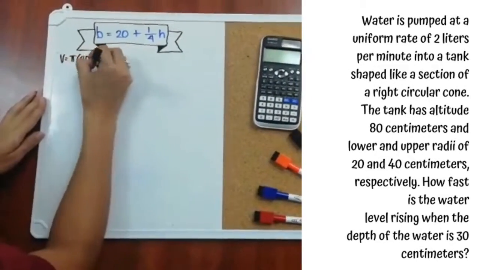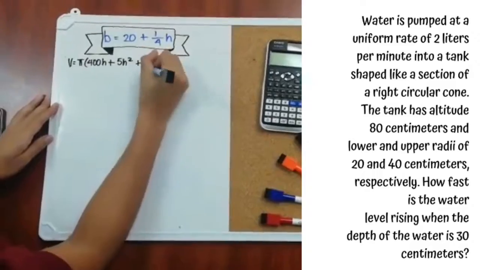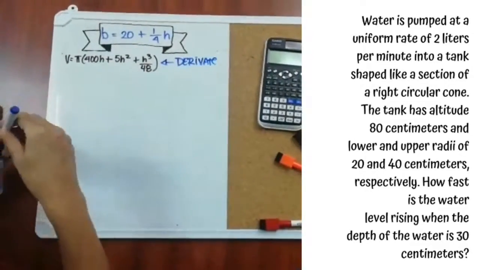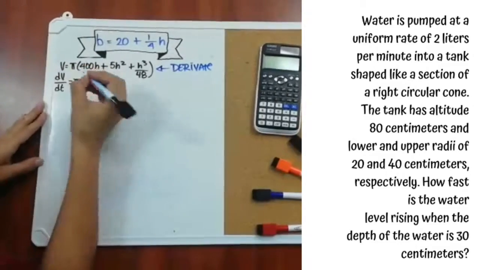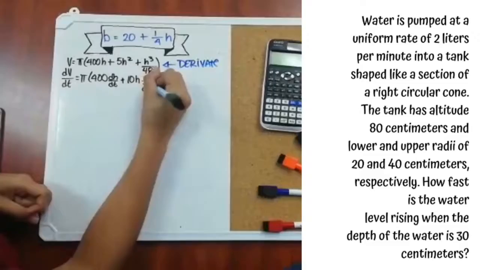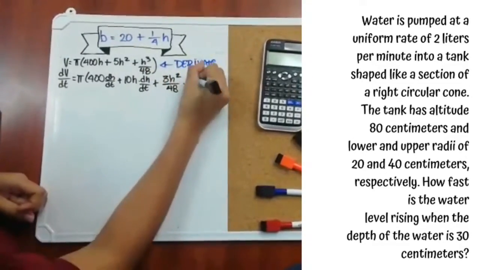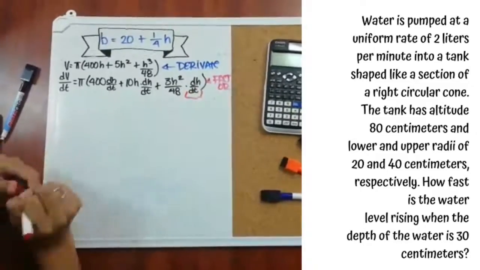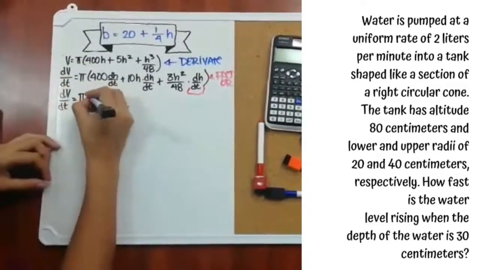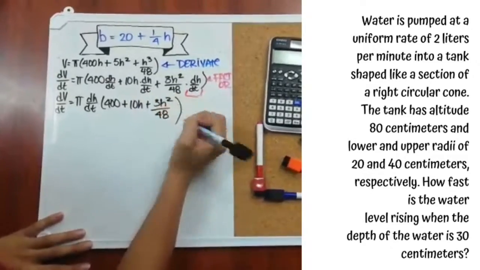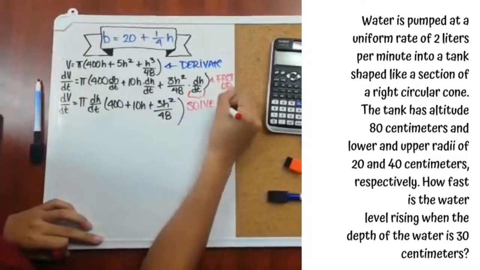Now it's time to derivate. Yes, it's time for the fun. We derivate by using implicit differentiation, that is, to derivate both sides of the equation. On the right side, as you can see, every single term was multiplied by dh dt.